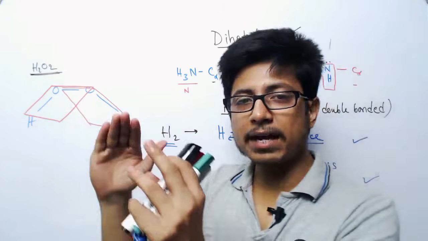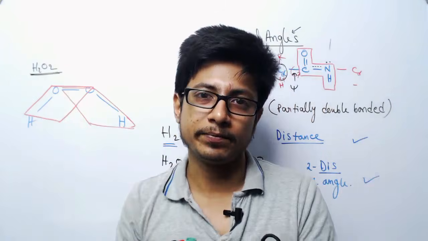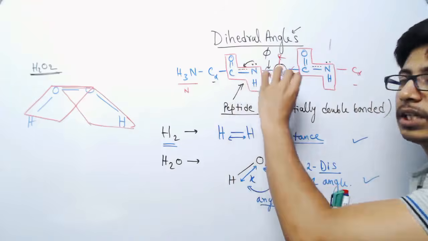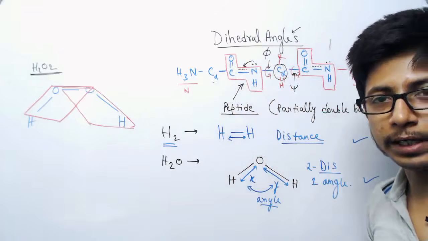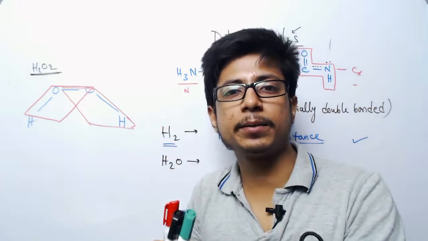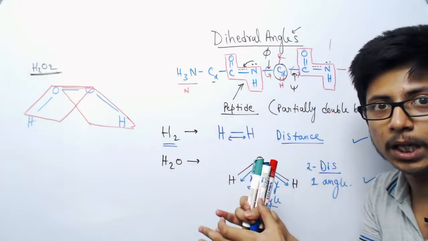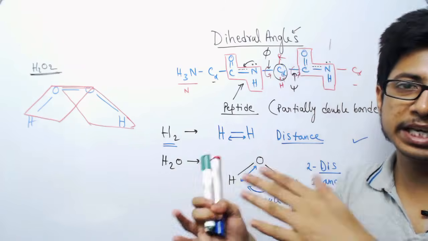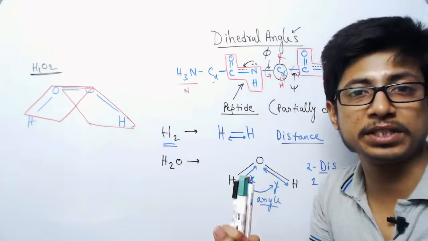Okay, so let's say they have a specific angle of plus 60 degrees. Once they have the angle of plus 60 degrees, the rotation will be possible up to a certain extent only, and only up to that extent the protein structure can be stable. If you change the angle, then the structure will be changed.